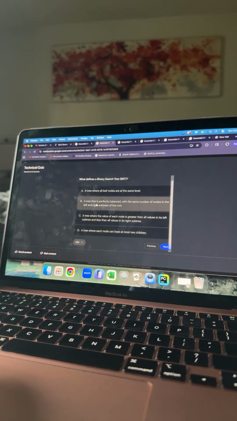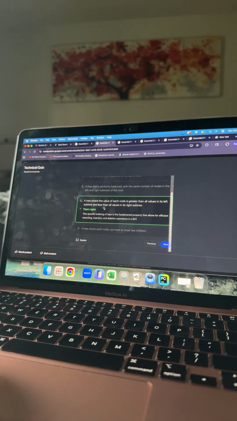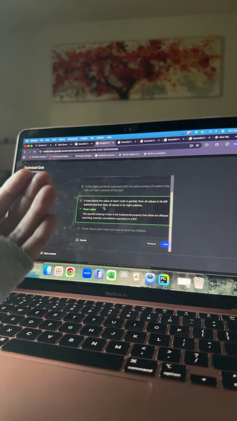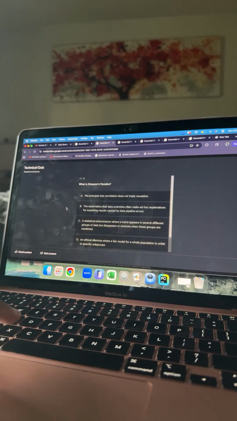What defines a binary search tree? A tree where all leaf nodes are the same? I think we did this question. Okay, so the values on the left have to be less than all the values on the right side. Okay, what is Simpson's paradox?